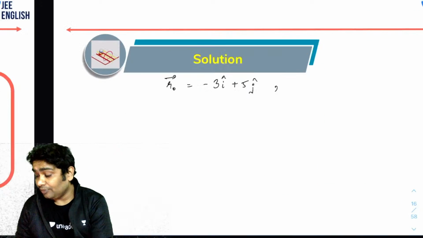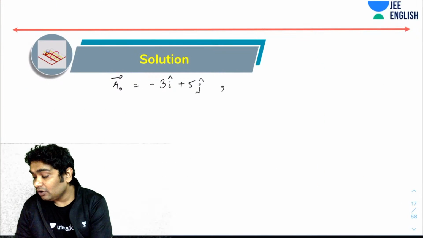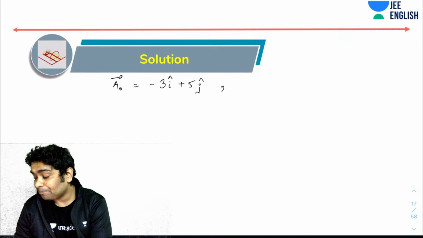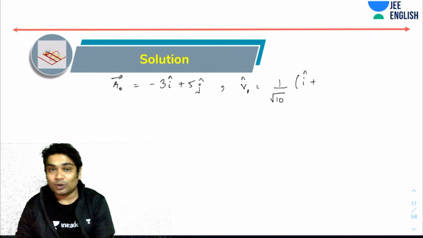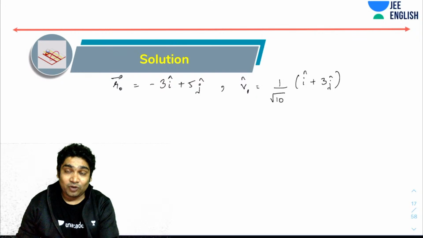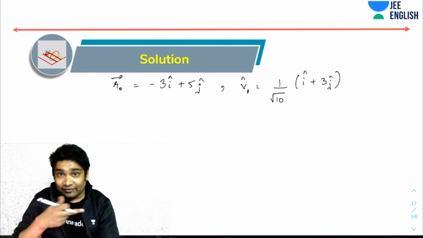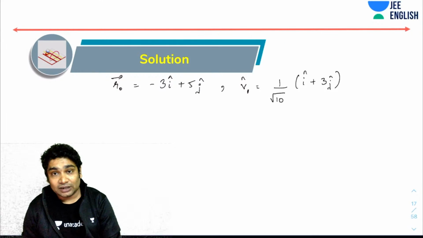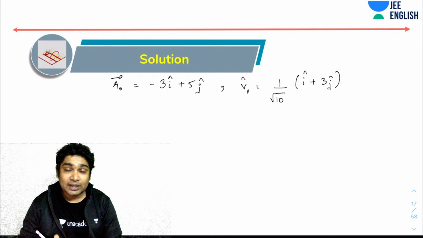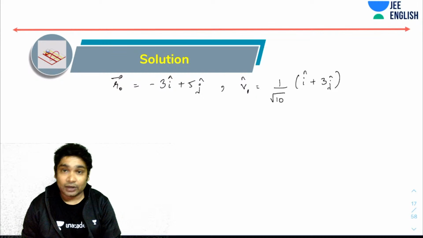What is the direction of the velocity vector? If I had to find the unit vector of velocity 1, I hope you know how to calculate unit vectors. The direction was (1, 3), so the vector pointing in that direction is i cap + 3 j cap. The unit vector is over the magnitude of this vector, which is root 10.